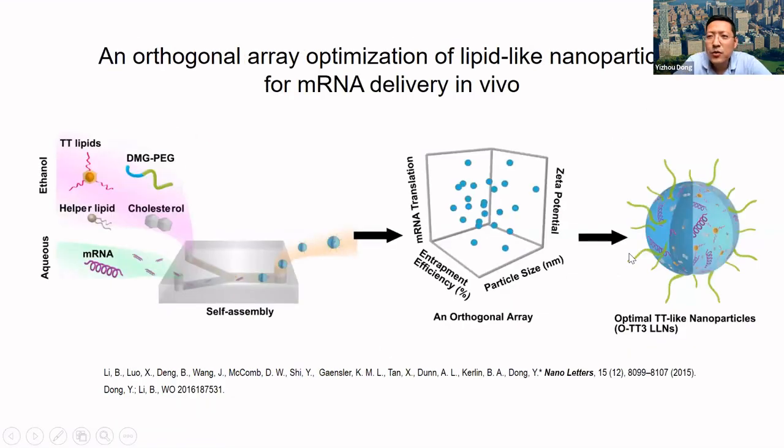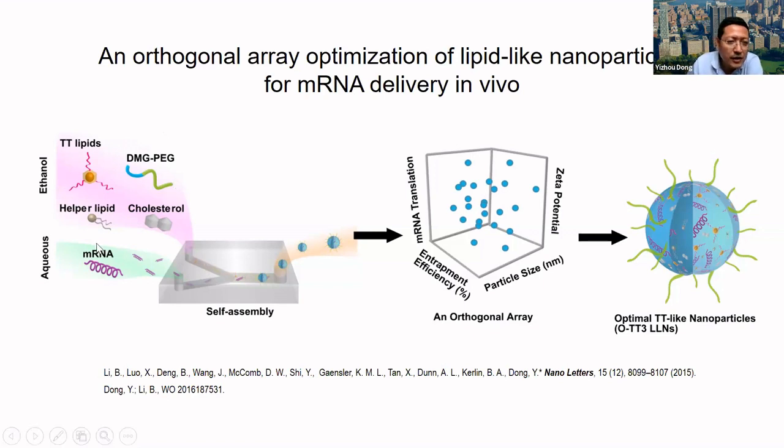This slide shows our overall strategy to develop and optimize these lipid-derived nanoparticles. We have the newly synthesized TT lipids, and we have several other formulation components. The helper lipid, such as phospholipid, cholesterol, these are natural components of the cell membrane. And also another lipid, PEG lipid, to stabilize the particles.